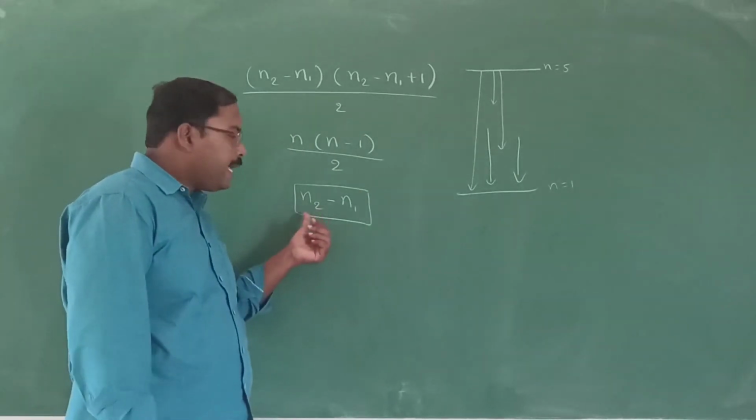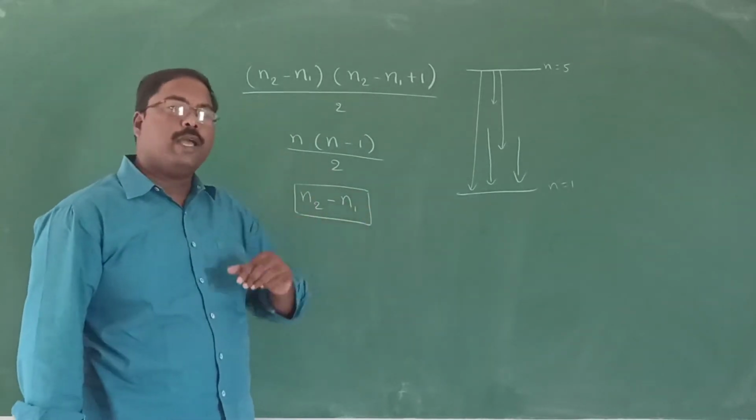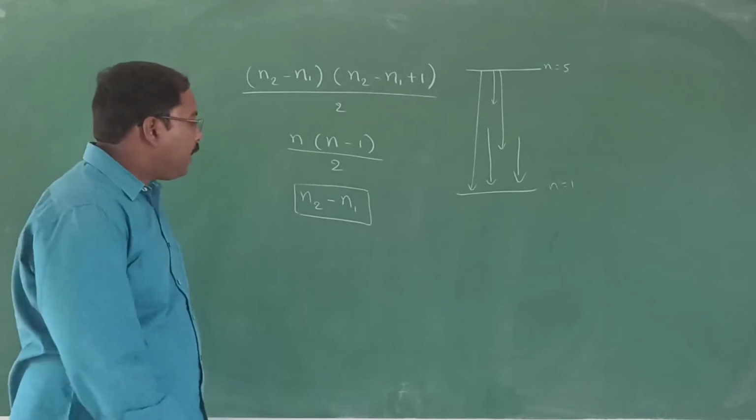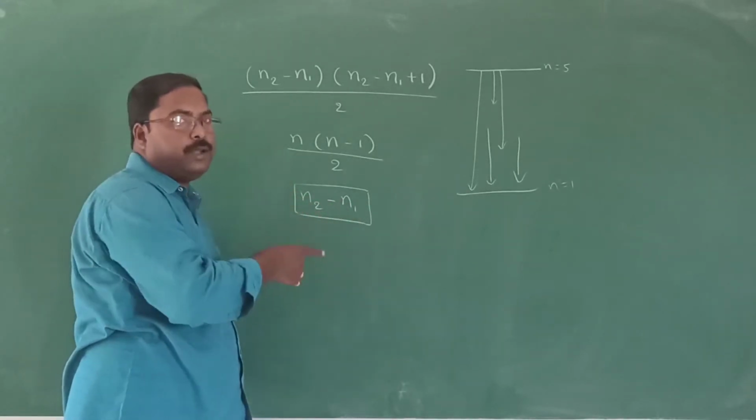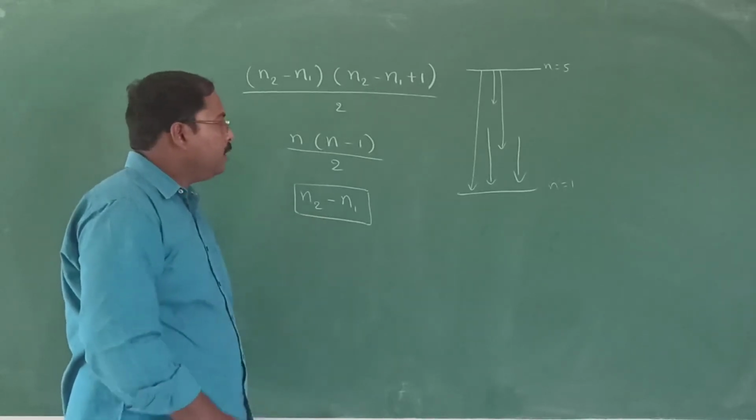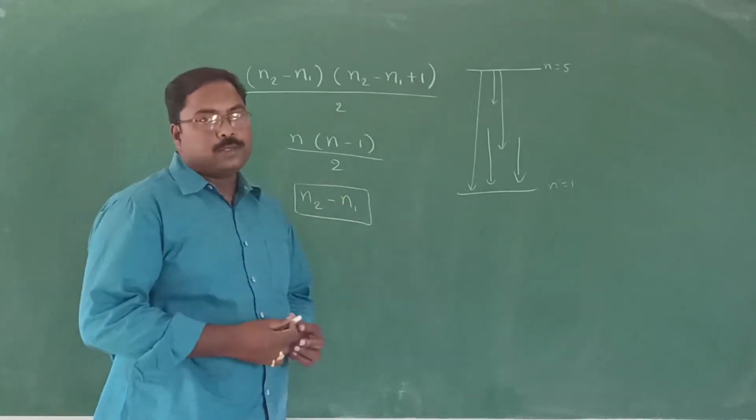Here n2 means the higher level, n1 means the lower level. For the Lyman series, n1 is 1. For the Balmer series, n1 is 2. So note this down clearly in your notes first.